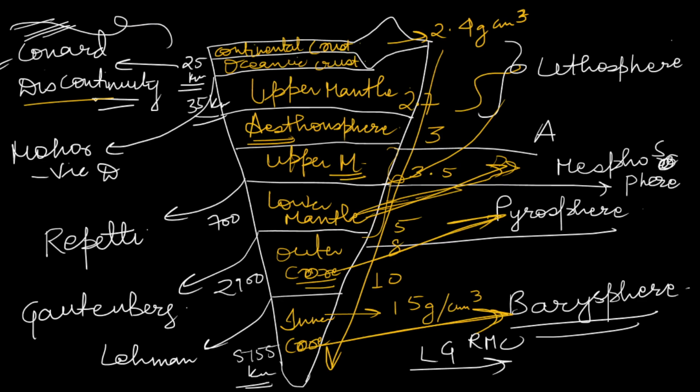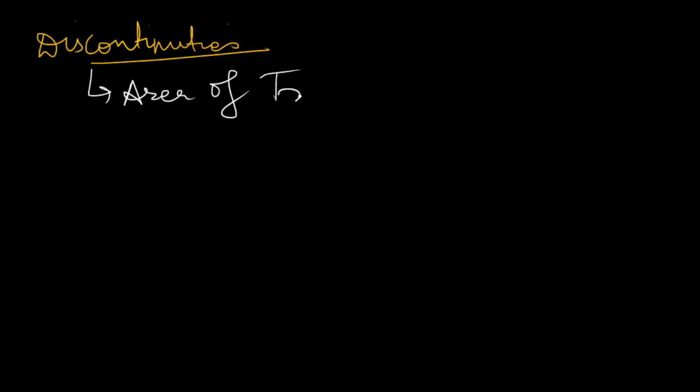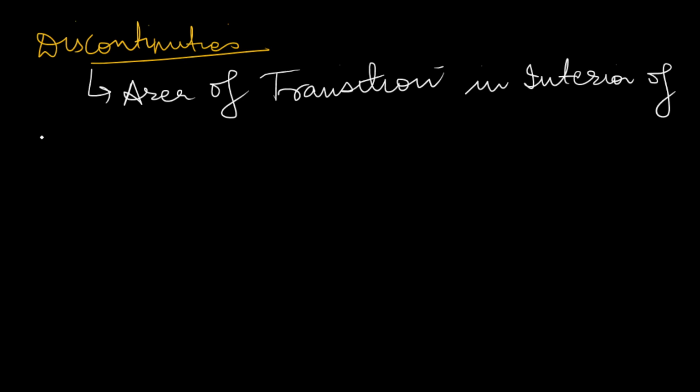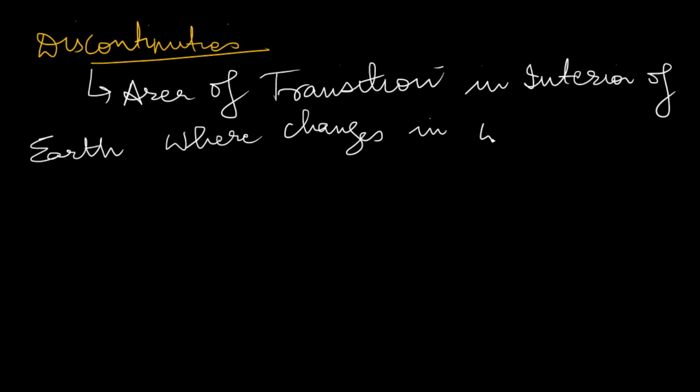So let us see what these discontinuities are. Discontinuities are areas of transition in the interior of Earth, where changes in density, mineral composition and rock composition occur.